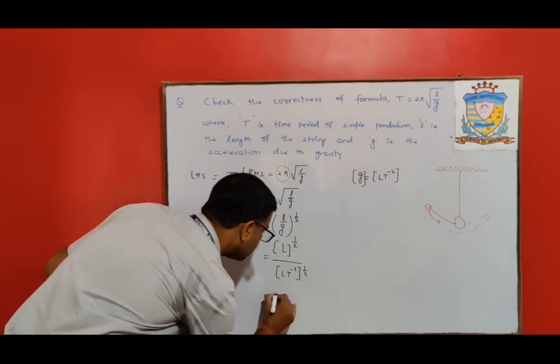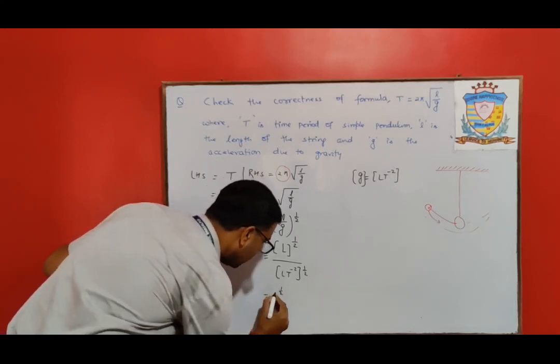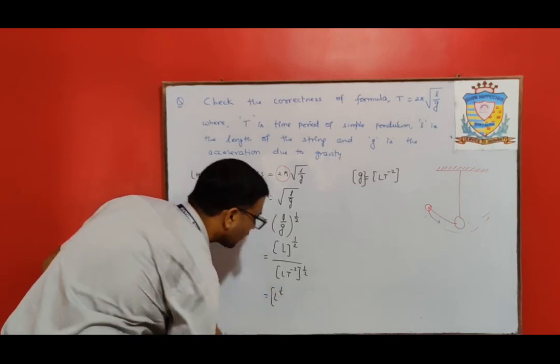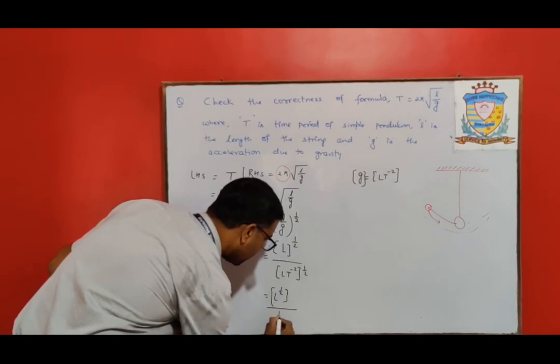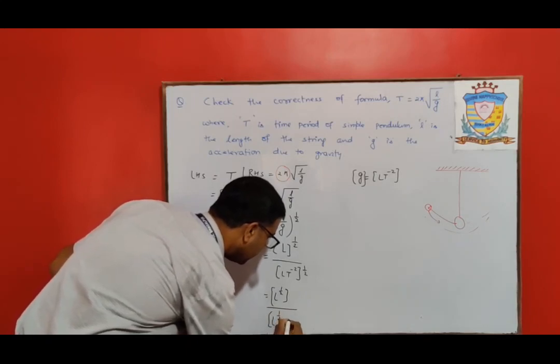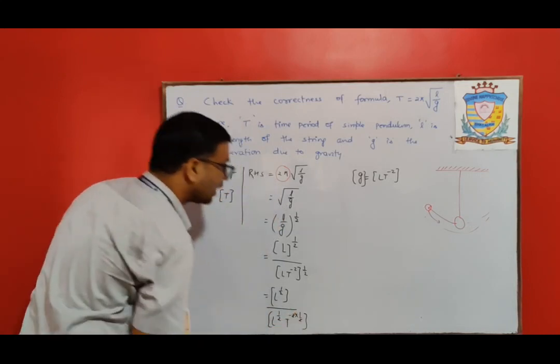So this becomes L to the power 1 by 2, and T to the power minus 2 into 1 by 2; the 2 cancels out and this becomes minus 1.